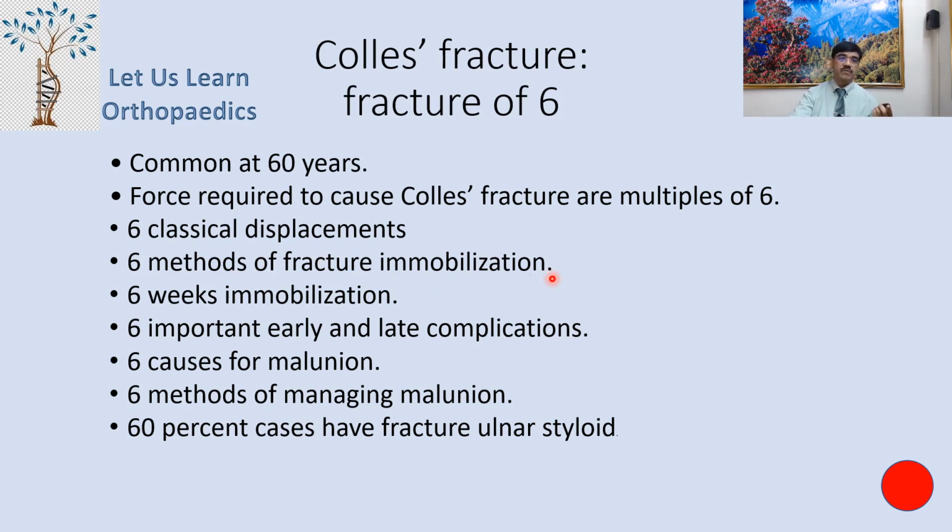There are 6 weeks of immobilization required. There are 6 important early and late complications, 6 causes for malunion, 6 methods for managing malunion, and 60% of the cases have fracture ulnar styloid. That is why we can call fracture Colles as a fracture of 6.